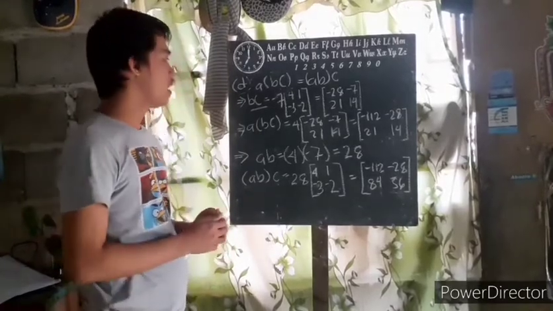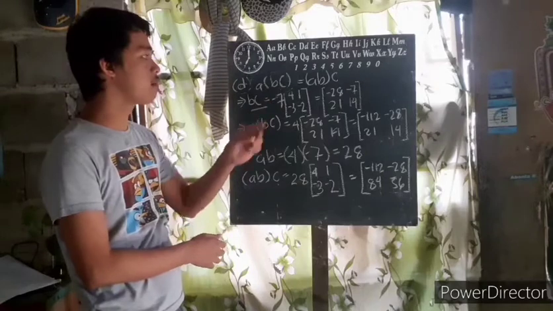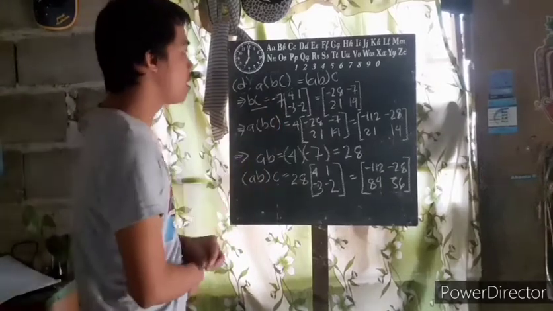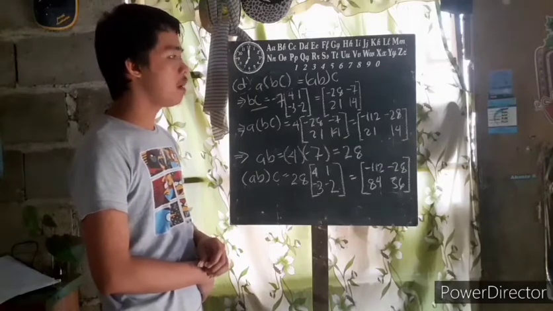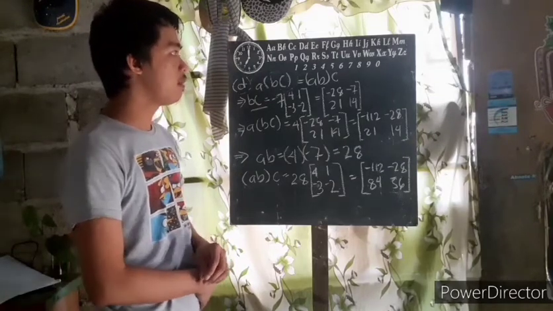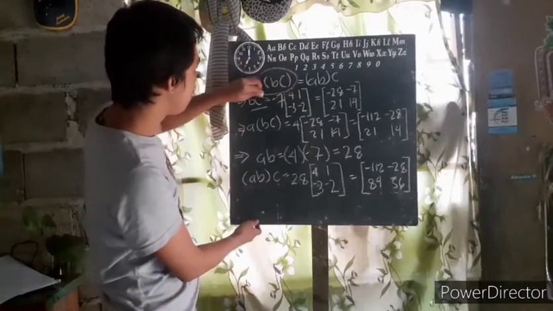Now in D, we have the scalar A multiplied by scalar B times the matrix C equals the scalar A multiplied by the scalar B multiplied by matrix C. So first we need to get this equation.